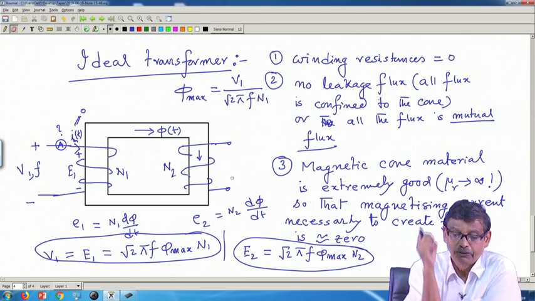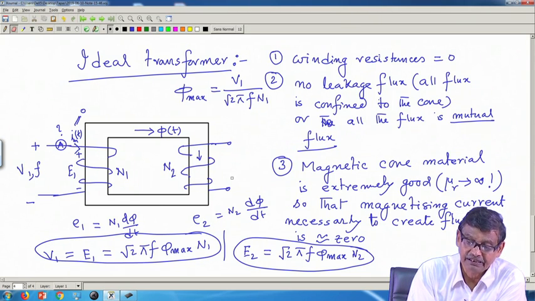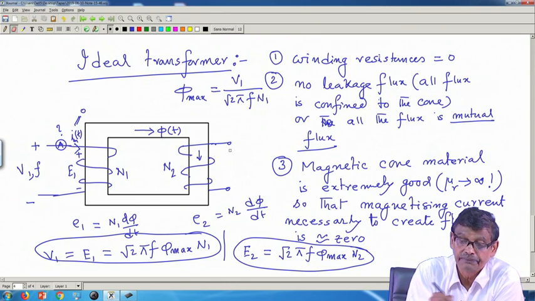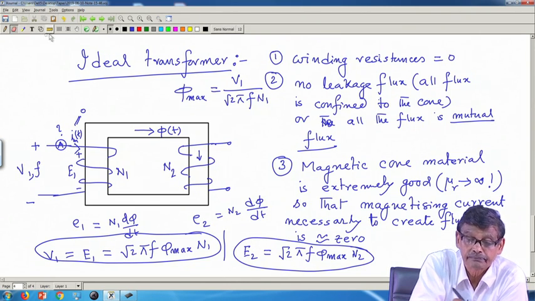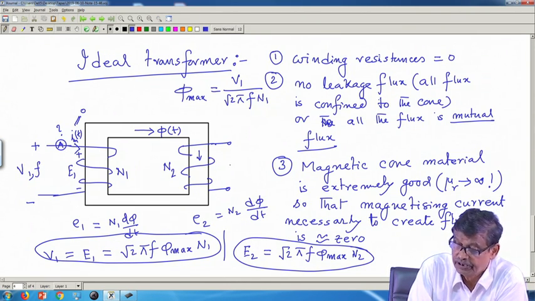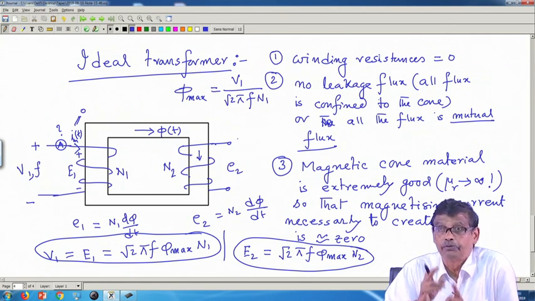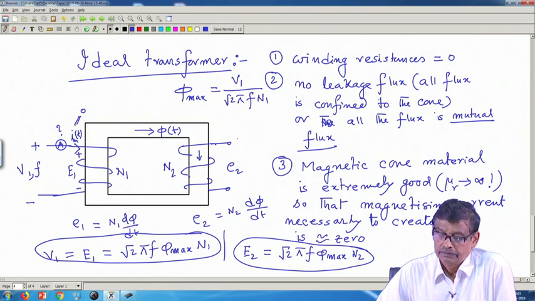So, at a particular instant, if this is plus, this is minus, what will be the polarity of this induced voltage E2 here? Whether this is plus, this is minus, or this is minus, this is plus, that I have to decide.